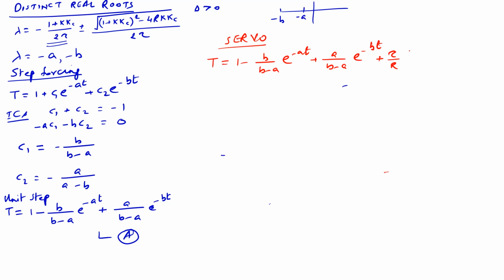So the derivative of the right hand side is going to be ab times b minus a times e to the power minus at minus e to the power minus bt.